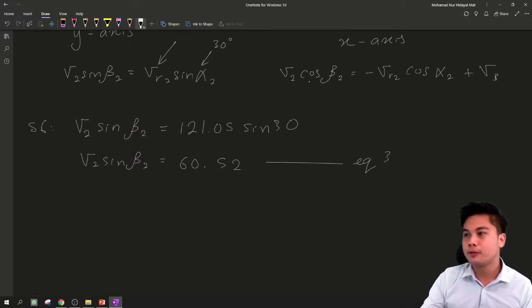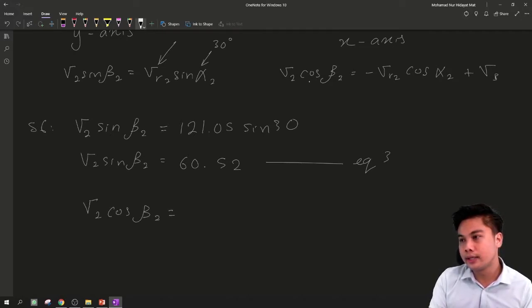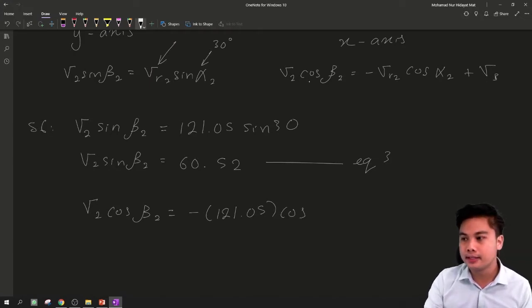And then we solve this one. V2 cos beta 2 equal to negative VR2, which equals VR1 as well, negative 121.05 cos alpha 2, given to be 30, plus VB.